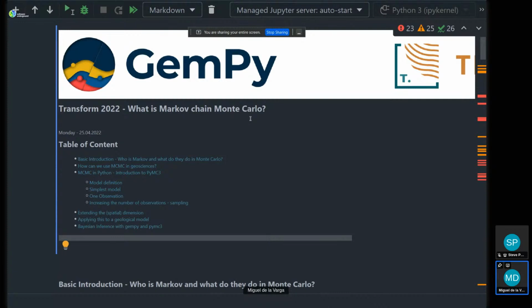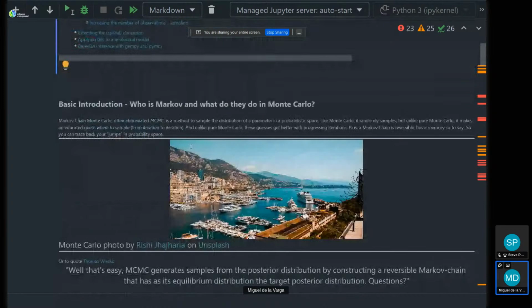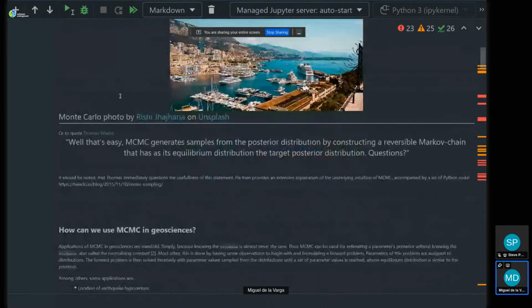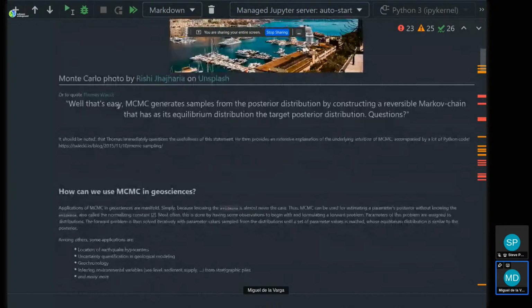In the notebook that we prepared for you, Jan has been writing quite a bit of content so that later you can go through it and try to follow. During the presentation, I'm going to skip a bit of it, but here is a bit of theory, very scary quotes about famous people.